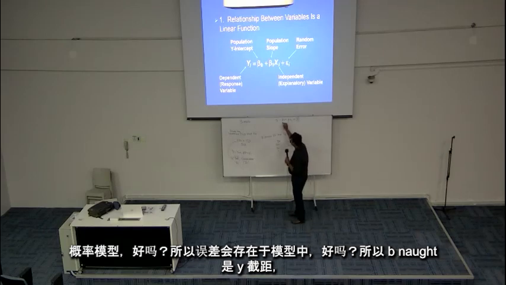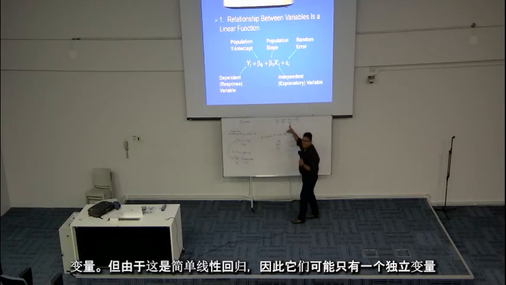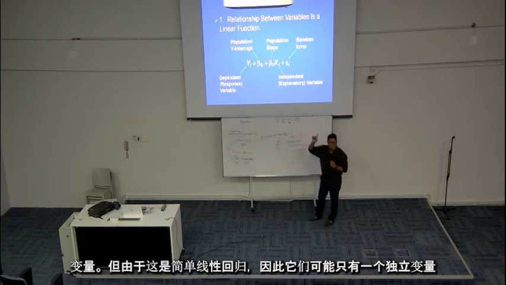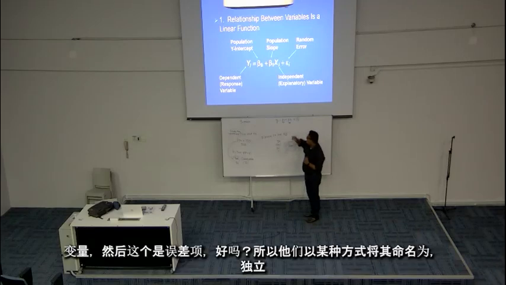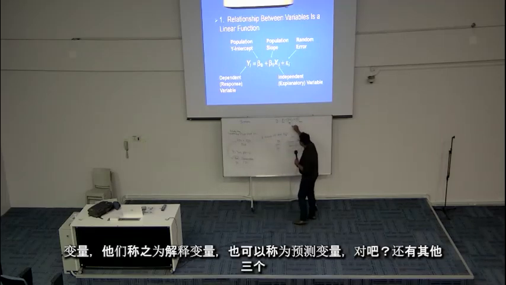So b0 is the y-intercept. This one is the dependent variable. This one is the first independent variable. But since this is simple linear regression, there is only one independent variable, and this one is the error term. Sometimes the independent variable is named the explanatory variable and also the predictor.